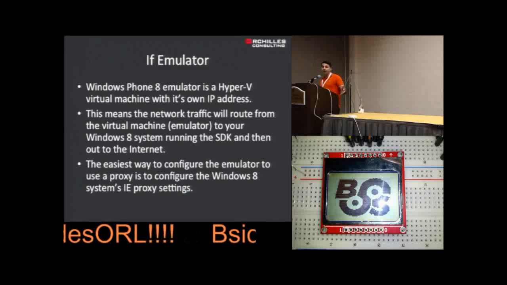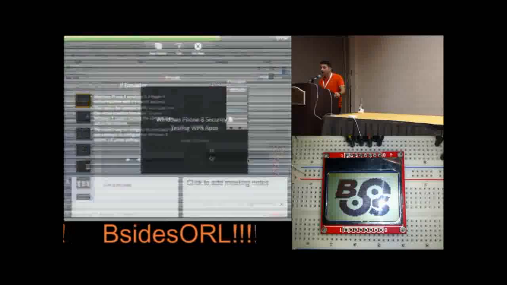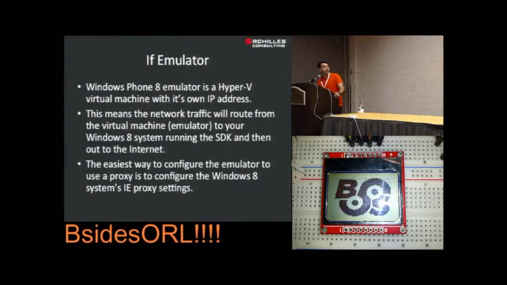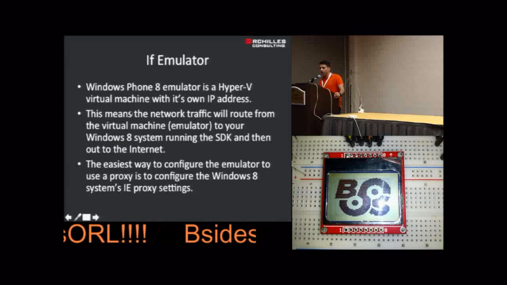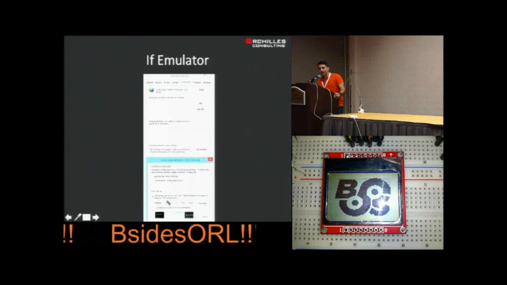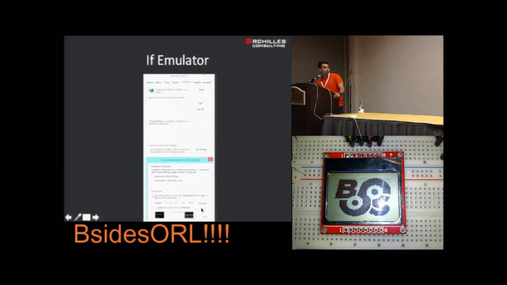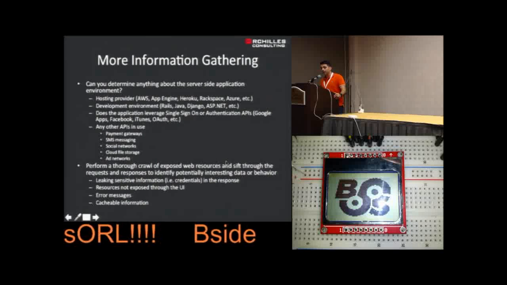You're already a man in the middle, right? It's all going through that Windows 8 virtual machine. So whatever proxy you set up on that Windows 8 machine will automatically replicate over to the phone. So that's a simpler one. You just go to Internet Options, go to Proxy, set the proxy of your own machine, and that's it. You don't even have to set it up on the phone, which is nice.